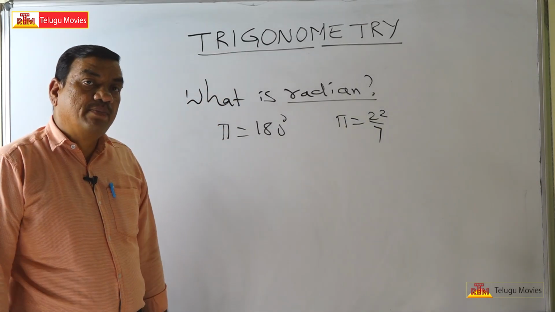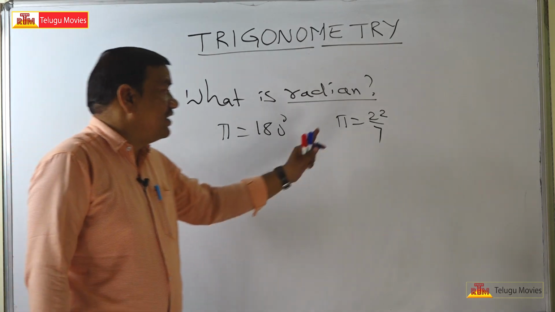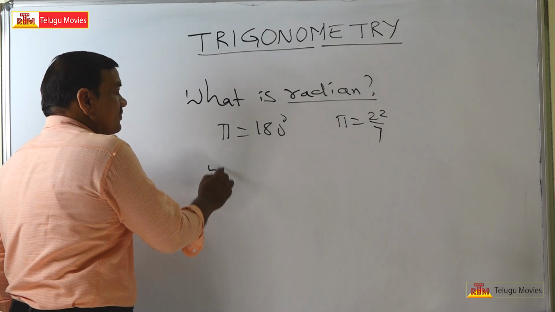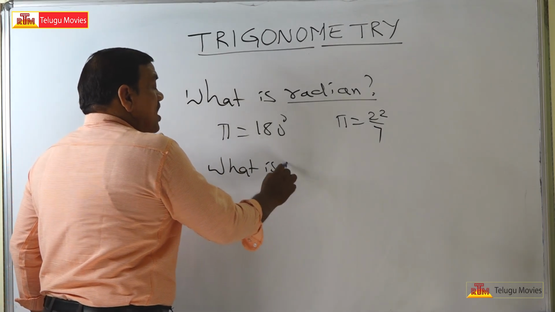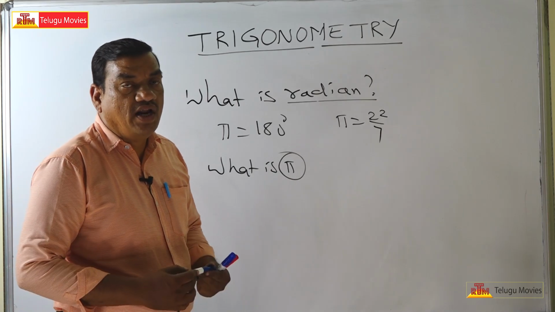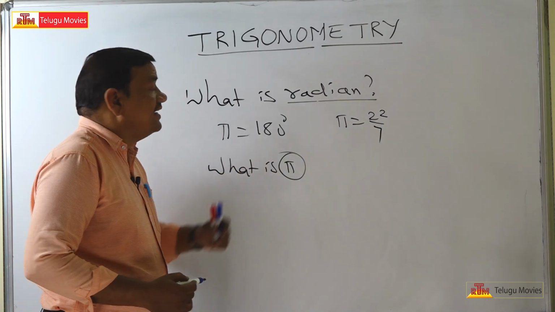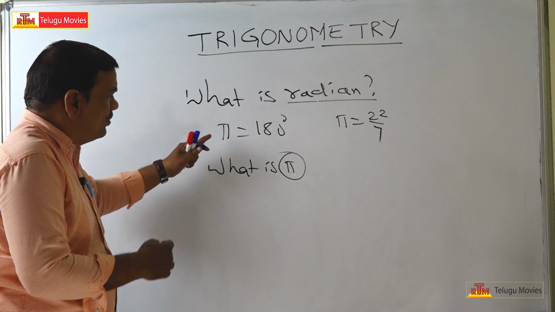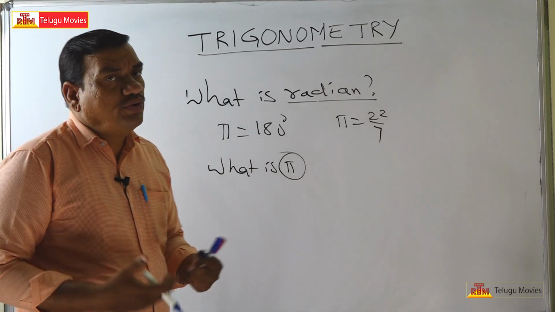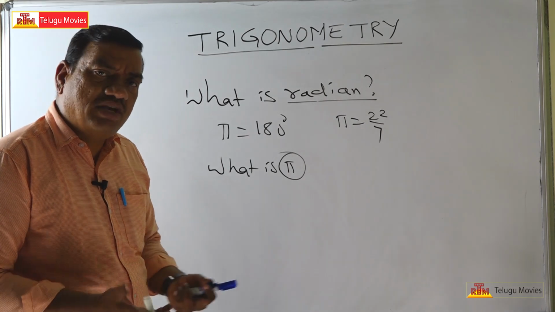When do we take pi is equal to 180 degrees, and when do we take pi is equal to 22/7? What is pi? What is radian? Why do you have to take pi radians is equal to 180 degrees? If you know pi radians is 180 degrees, afterwards we know that pi by 2 is 90 degrees, 2 pi is 360 degrees, everything we know.